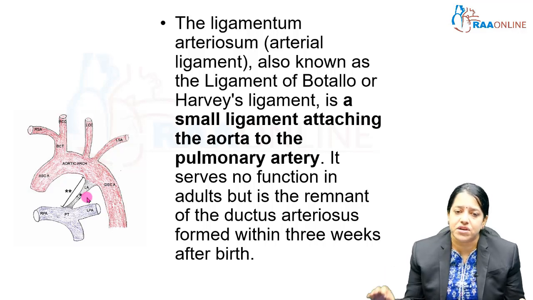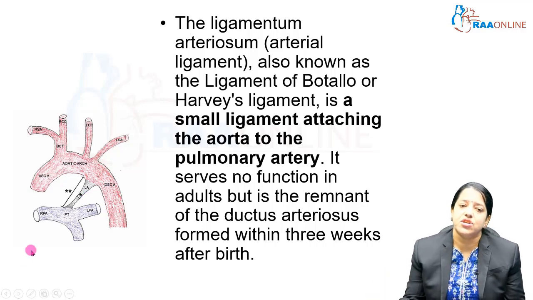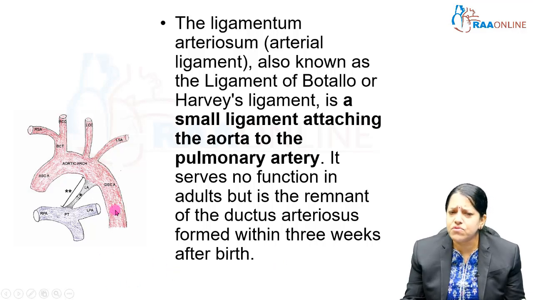So the blood cannot go to the lungs for oxygenation. Most of the blood has to be shunted into the aorta, and from there sent into the placenta and maternal circulation for oxygenation.